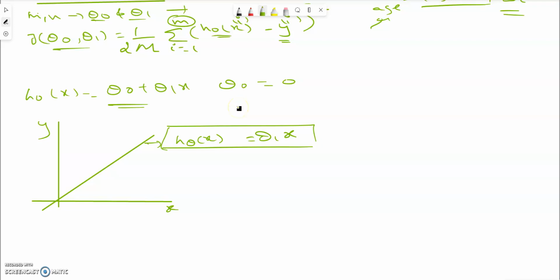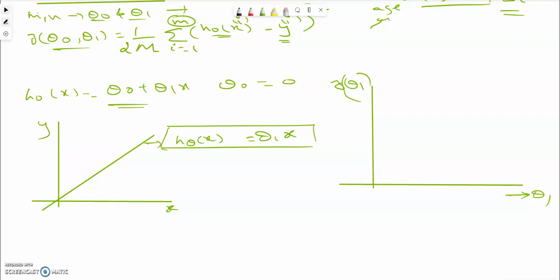Now what I would like to do here is draw the graph of the cost function. Because we are putting theta naught is equal to 0, our cost function will be J of theta 1, and I wanted to use the slope on the x-axis, which is simply theta 1, right?